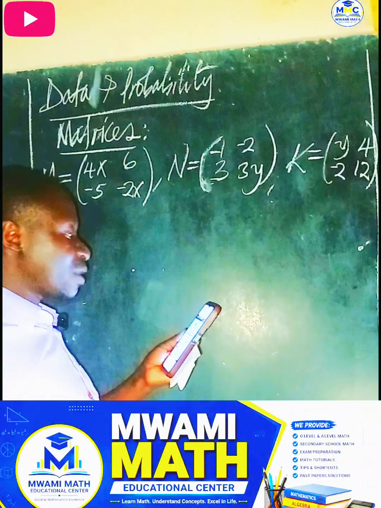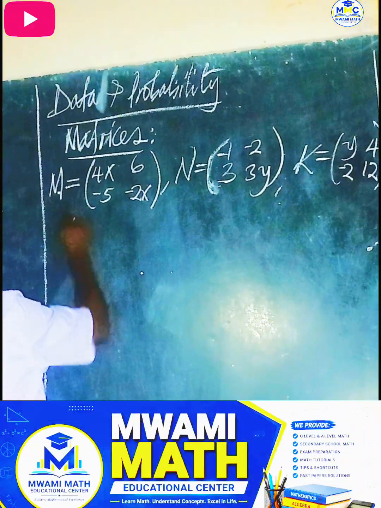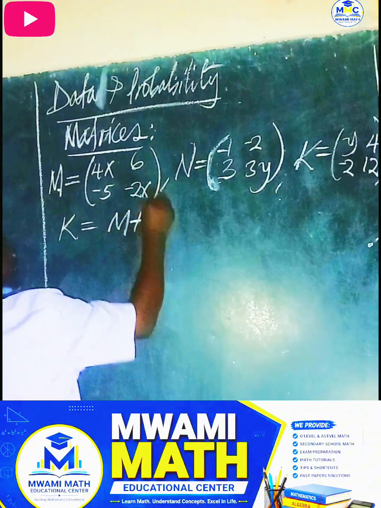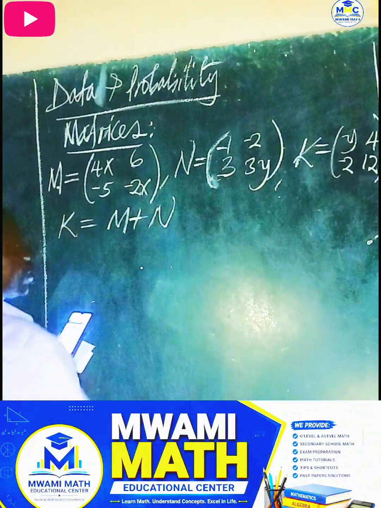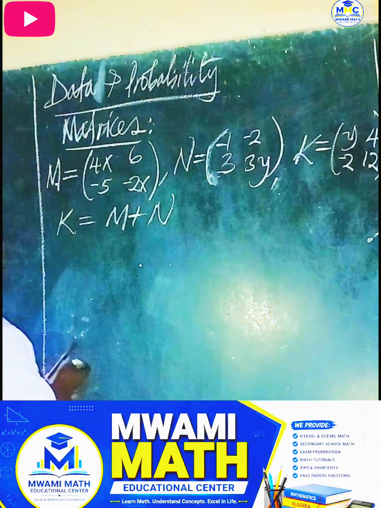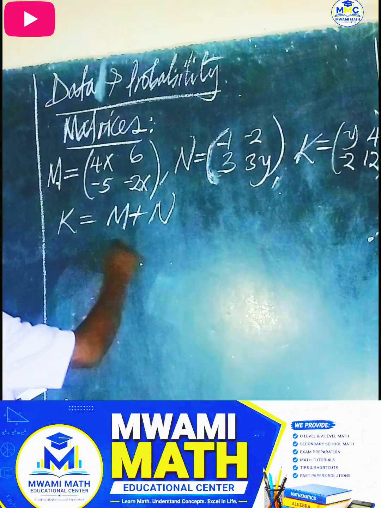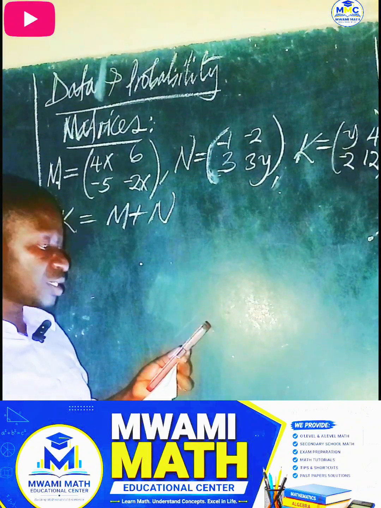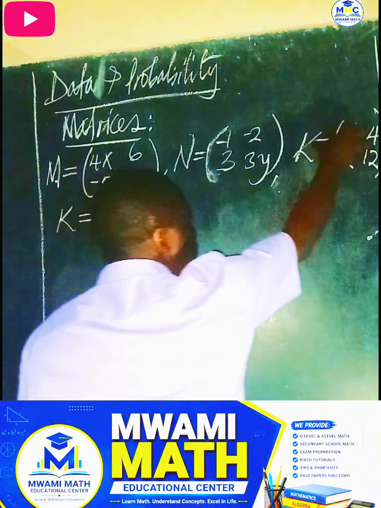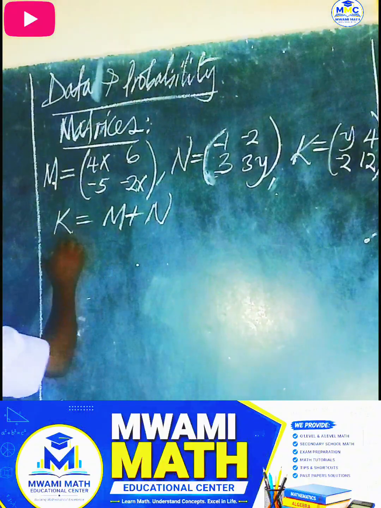But our condition says K must equal M plus N for the equipment to be accepted. And for this condition, we shall base on that to get the value of x. So we substitute where there is K, carry that K and place it there.